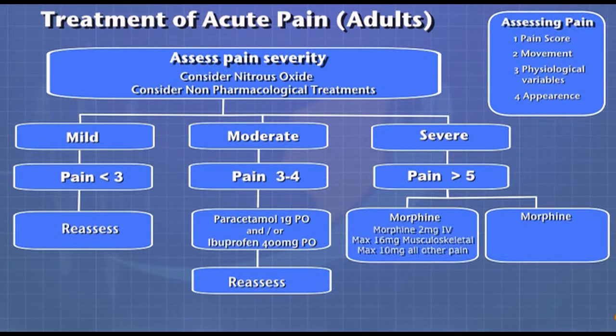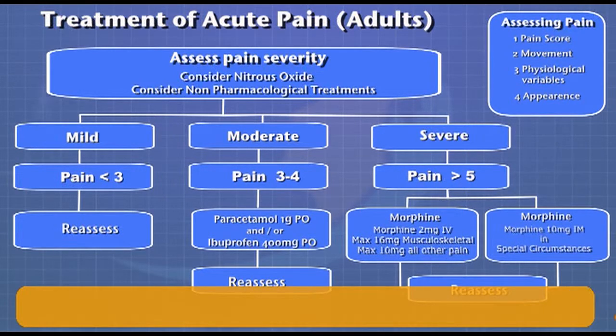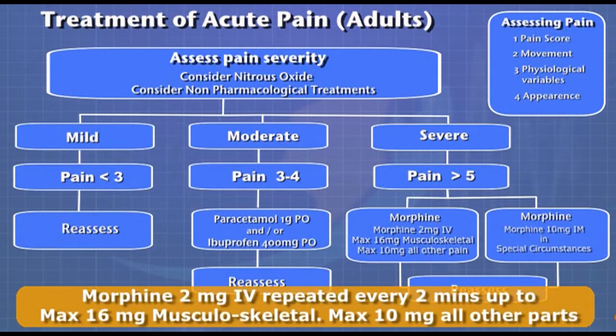Intravenously is the first line, or intramuscularly can be used when intravenous access is not possible. The intravenous dose is 2 milligrams, repeated every 2 minutes, up to the maximum set in the current clinical practice guidelines. The maximum dose for intramuscular morphine is 10 milligrams.